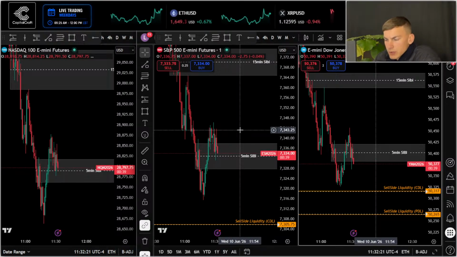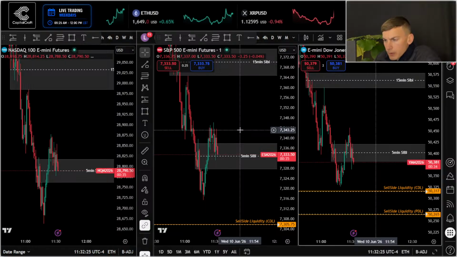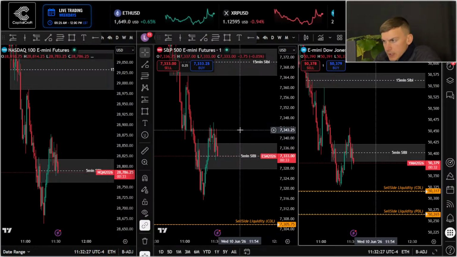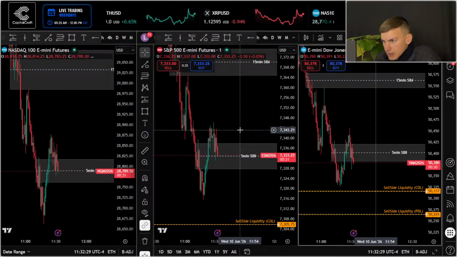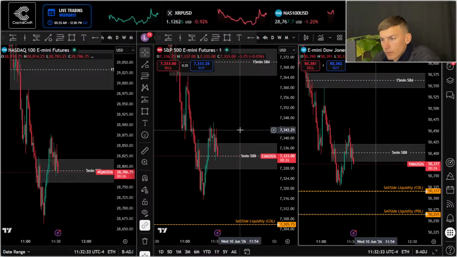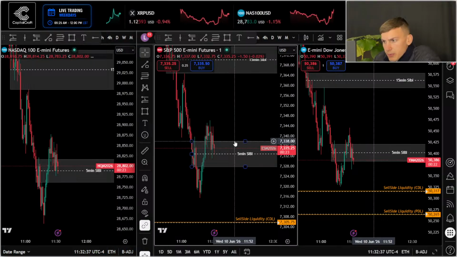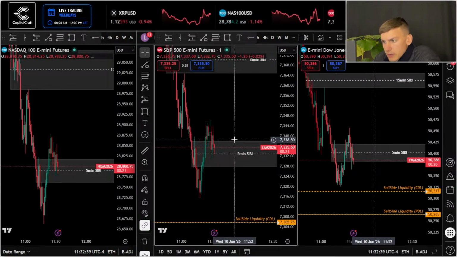We're just gonna remain patient. Like I said, we need to see proper confluences come into play. Can't be second guessing things, and that's exactly what I'm doing right now, even though it does look like price is probably going to leave us behind.